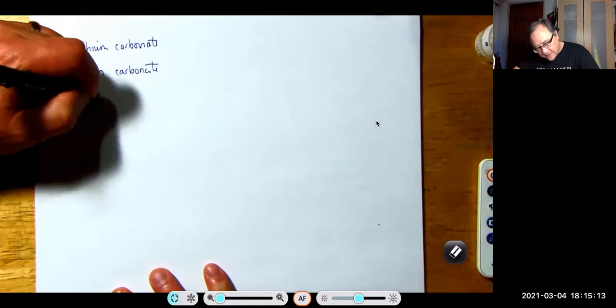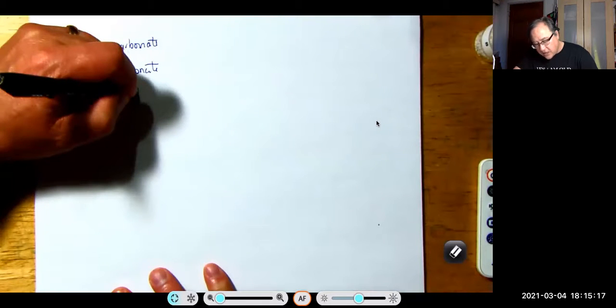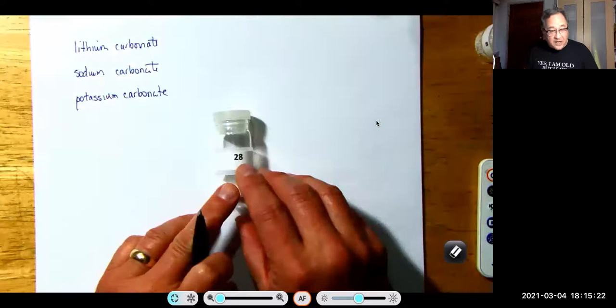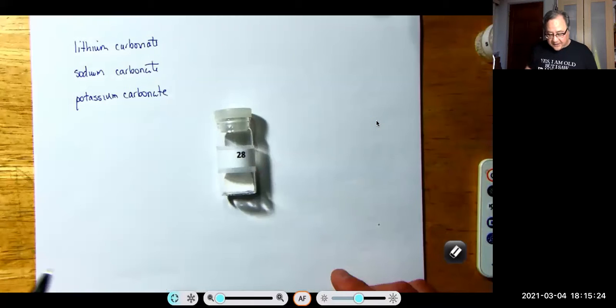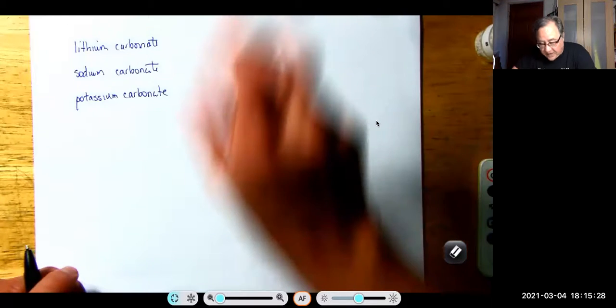And there is a key that has the number of your unknown on it, and it says what it is. I don't have the key, so I can't tell you what your unknown is. I don't even know what mine is.